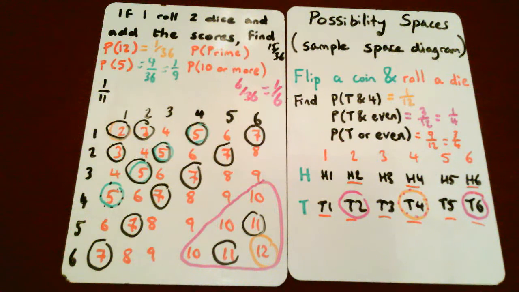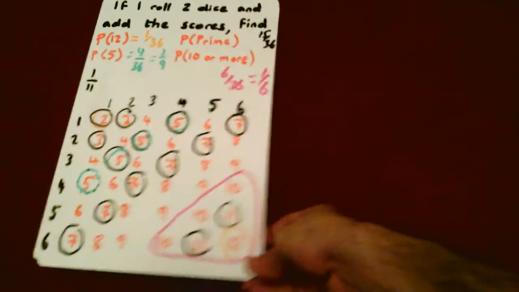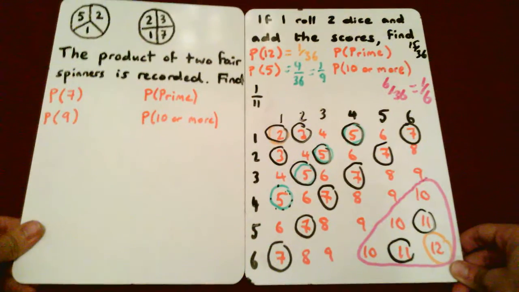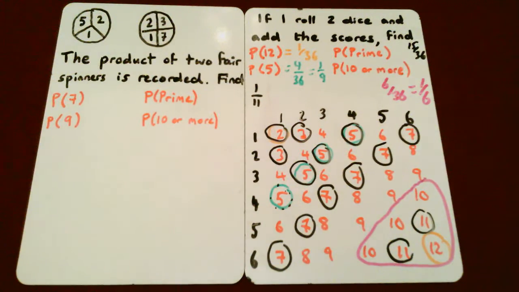Now I'm going to go to one final example, again a very common question that I see coming about when we go across this topic, and it's based around 2 different spinners. The question has your 2 spinners. On the first one the numbers are 1, 2, and 5, and the second one is 1, 2, 3, and 7.